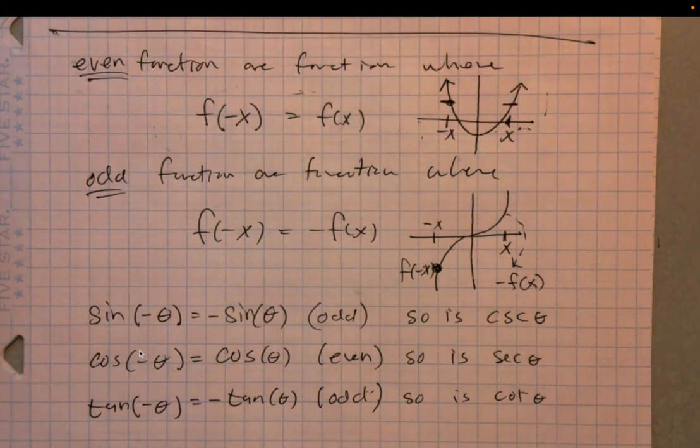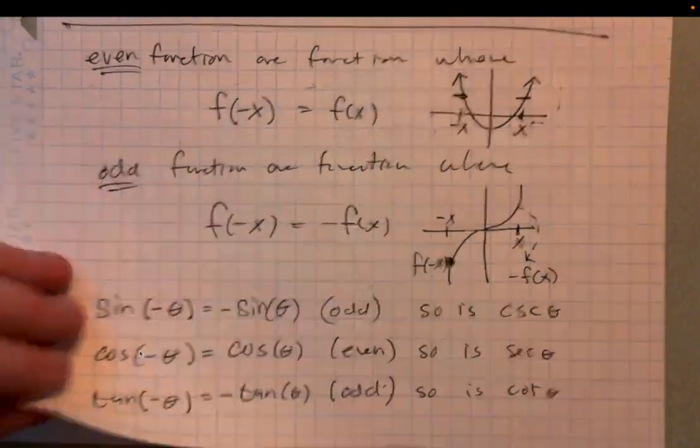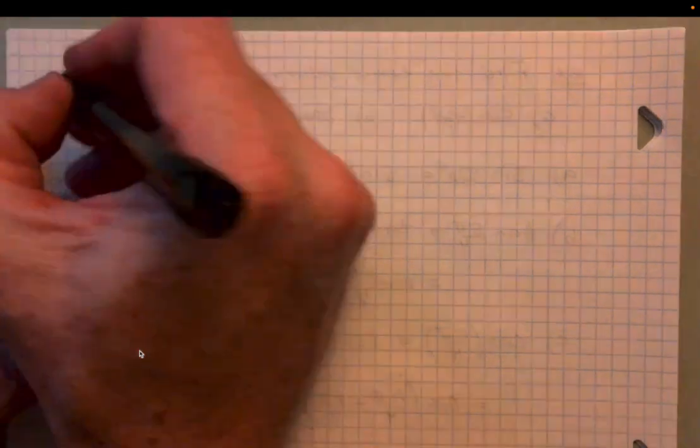Cosine and secant are even. Okay. And again, this will be very clear when we get into the next couple chapters where we talk about the graphs of these functions. We'll see why this evenness and oddness, we'll see where it comes from.